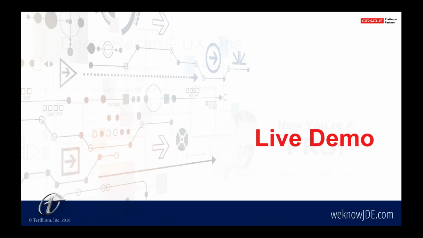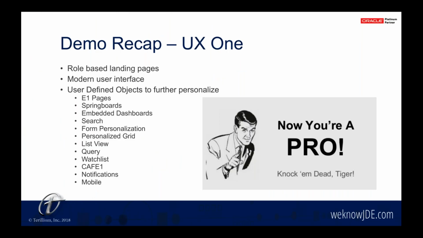All right, well, that concludes my live demo, and I just want to really quickly recap what I showed. We talked about the role-based landing pages. You saw the shipping supervisor and the total back orders and all the dashboards and the springboard. You saw how they've transformed the system into a modern user interface with the ability to personalize things.